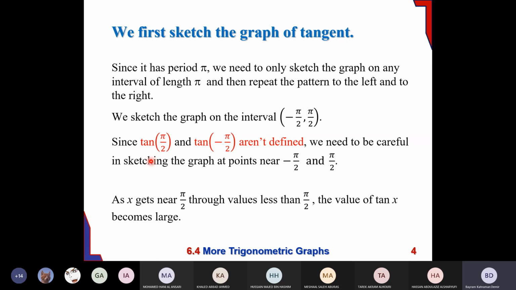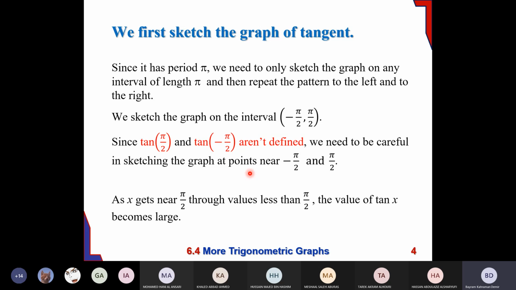Remember, we just covered these things before. And tangent of negative pi over 2, which is coterminal with positive 3 pi over 2, is also undefined because of the tangent definition.